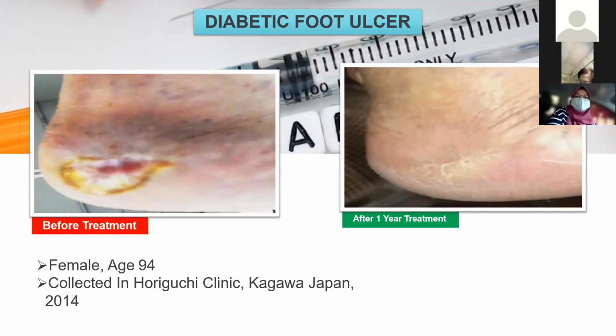And this is another patient, a female, 94 years old. You can see the wound before the treatment. It is a very slow healing because it is a very bad one. After 1 year of treatment, you can see the same part is much better, and the skin also improved.